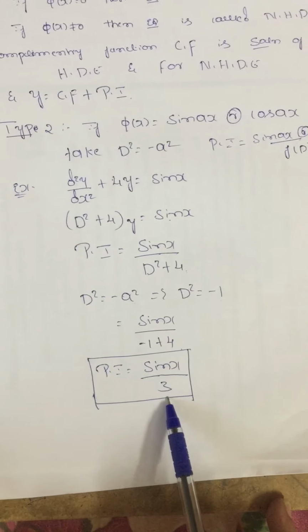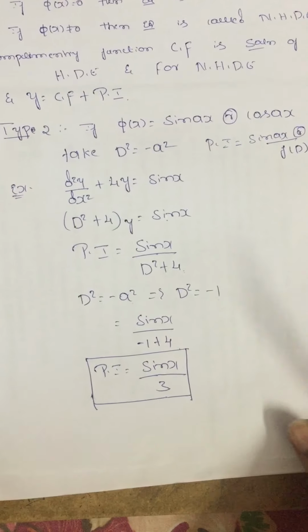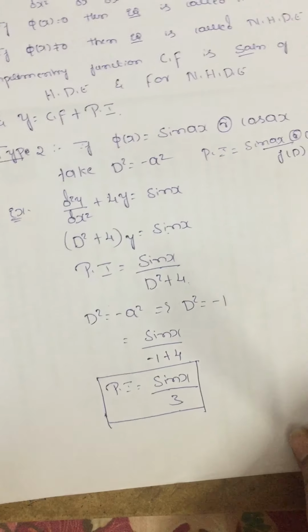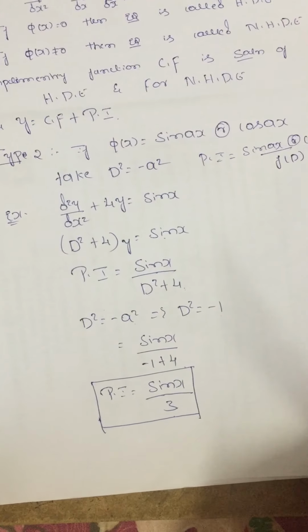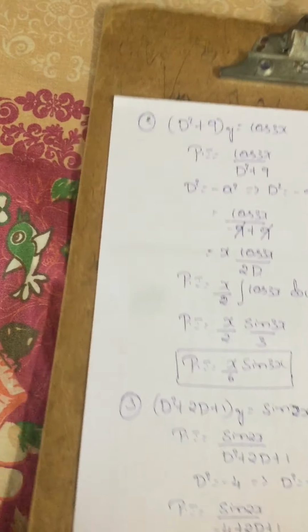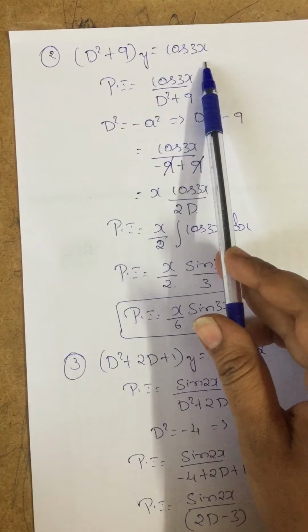Like that we have to solve the non-homogeneous differential equation when the RHS contains sin ax or cos ax. We take another example: d square plus 9 of y is equal to cos 3x.